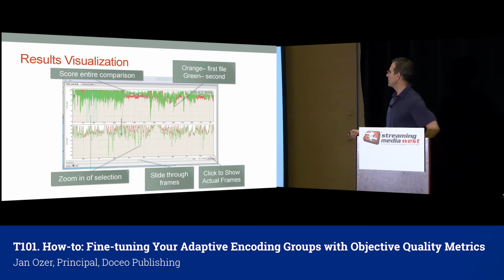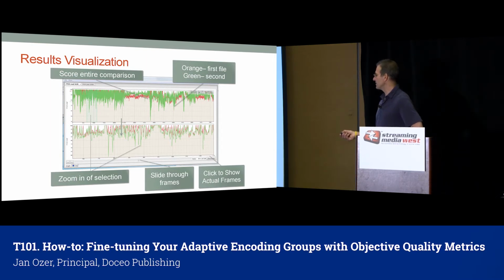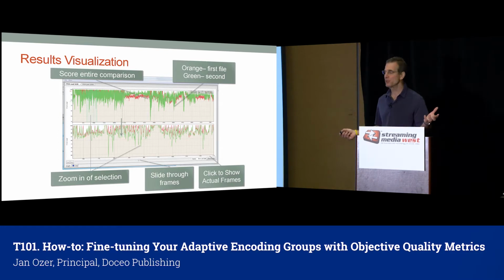Number one, and we're going to look at these files a lot during the course of this presentation, but we've got the Zoolander clip, the first 2 minutes of Zoolander, encoded using constrained VBR, 200% constrained VBR, which is in red, and then we've got it encoded with one-pass CBR, which is in green.